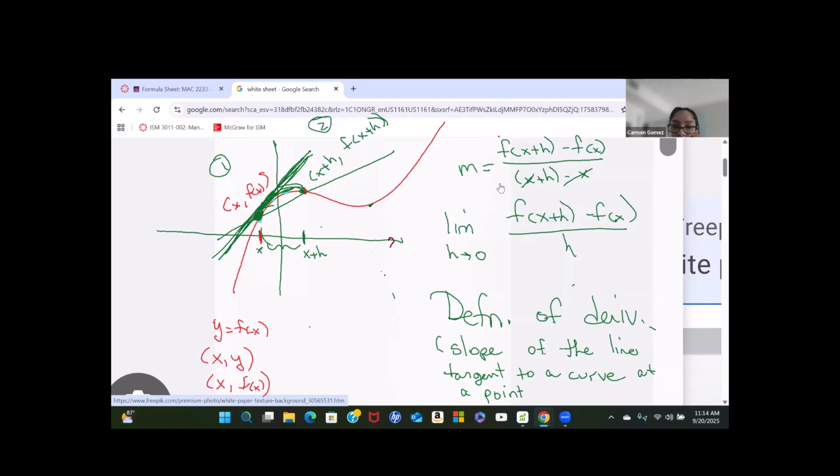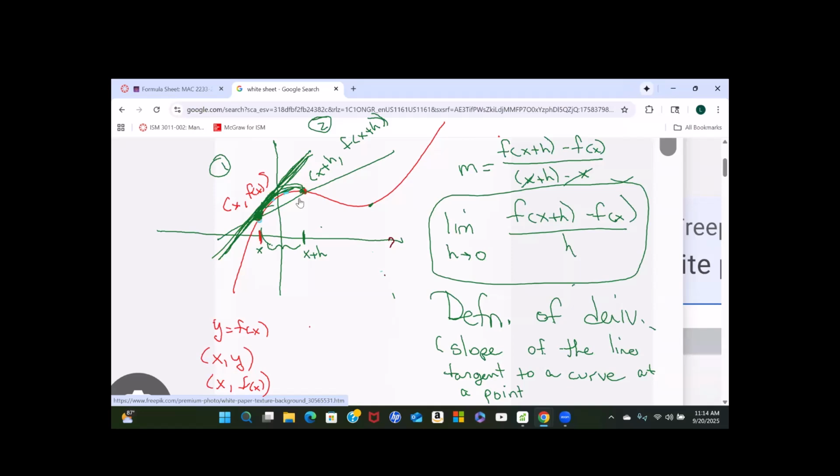Yes. Then I said, well, if I want to find the slope of just the line that only touches the curve at 1 point, I need h to be really small because the closer they are, the closer I get to the actual slope at that point.